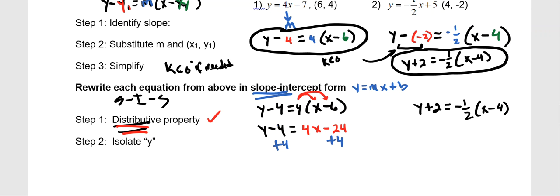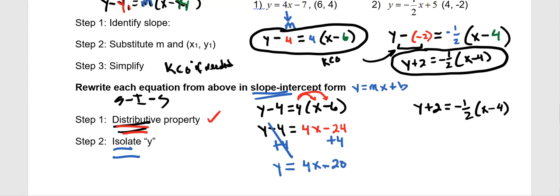Now that conveniently gets rid of the minus 4. It gets us the y isolated exactly the way we want. And it gives us an expression on the other side of 4x. And we should be able to work through negative 24 plus 4 is going to give me minus 20.